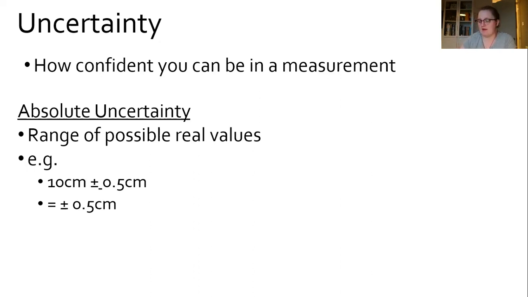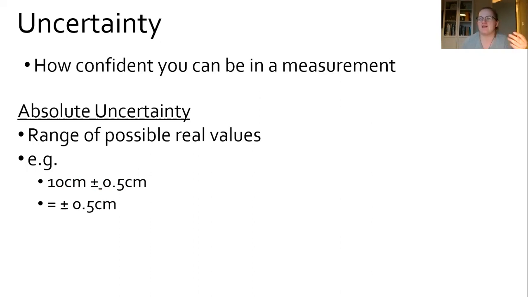This is where the plus minus symbol starts to come in. We have a plus and a minus together, and that's our uncertainty symbol. So this piece of string is 10 centimeters plus or minus 0.5 centimeters. That's our absolute uncertainty, and it is very closely linked to our resolution.